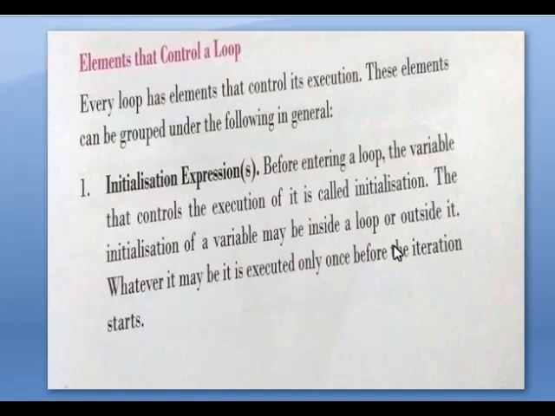Whatever it may be, it is executed only once before the iteration starts. If the value is 1, the value is 1. When the iteration starts, it will increment the value by 1 or decrement the value by 1. So the initial value will remain as it is, only one time before the execution.